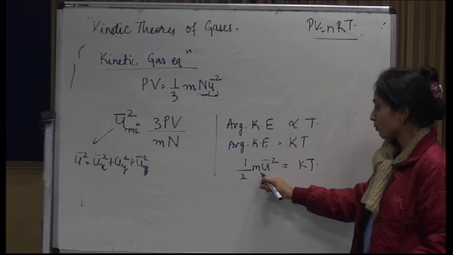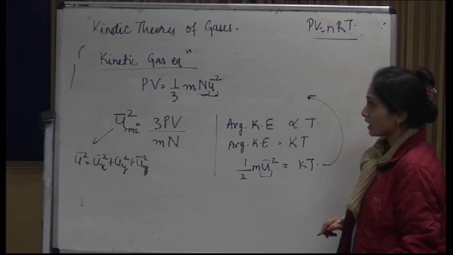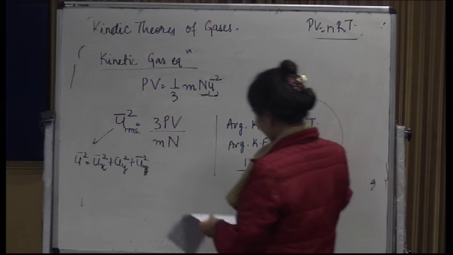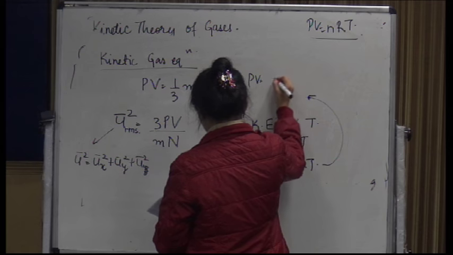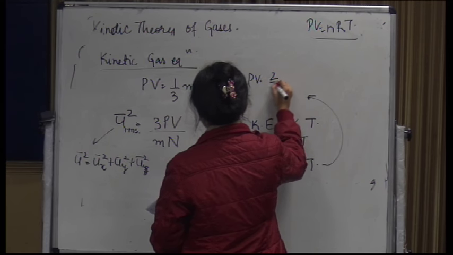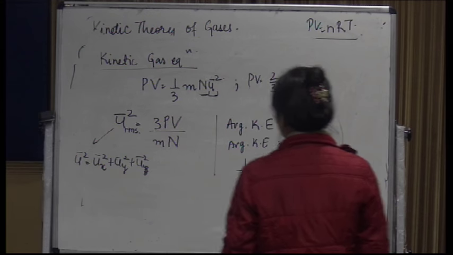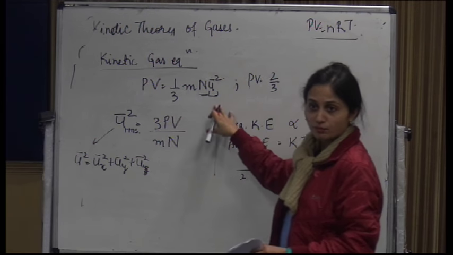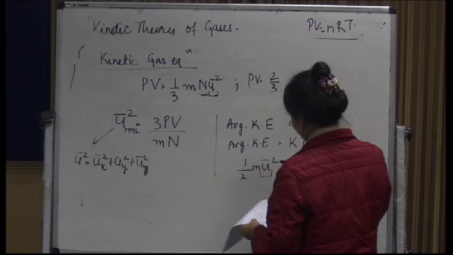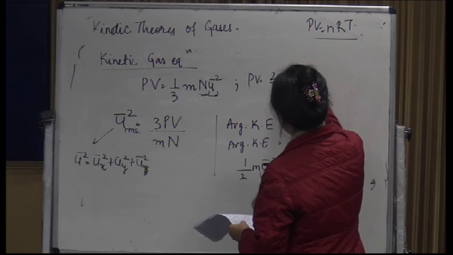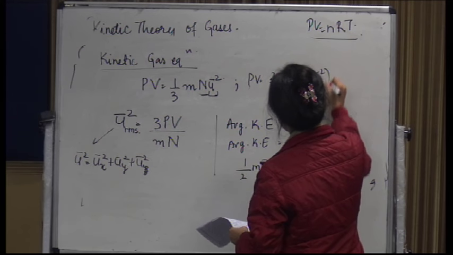I can pick up u bar square from here and substitute it back in this expression of the kinetic gas equation. So then I will get my PV equal to 2 by 3 into n into half m u bar square.